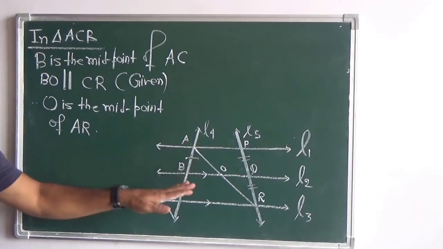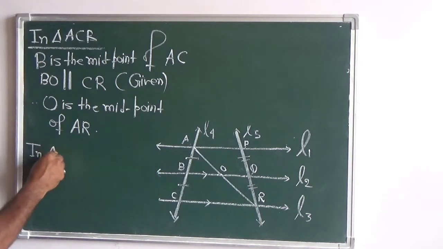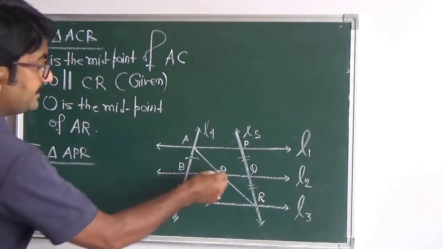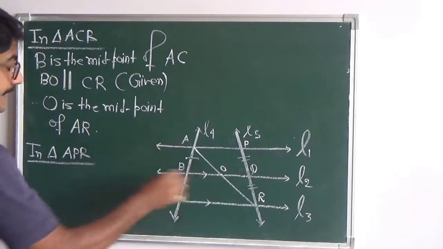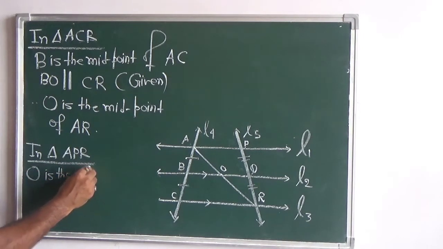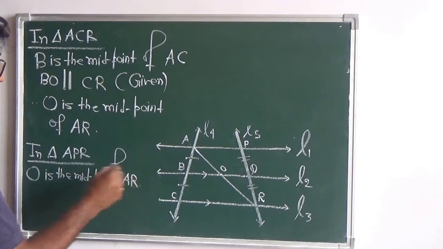Now we have proved that O is the midpoint of the side AR by the converse of the midpoint theorem. Now we will consider triangle APR. In triangle APR, O is the midpoint of AR, as we have just proved above.